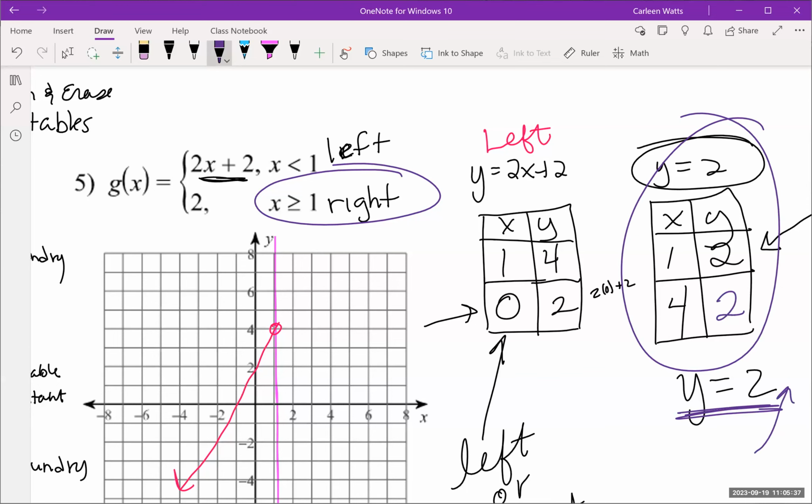So we have 1, 2, and 2, 2, sorry, 4, 2. So you guys might not like it that I put those open circles when I don't know actually what's going to happen.